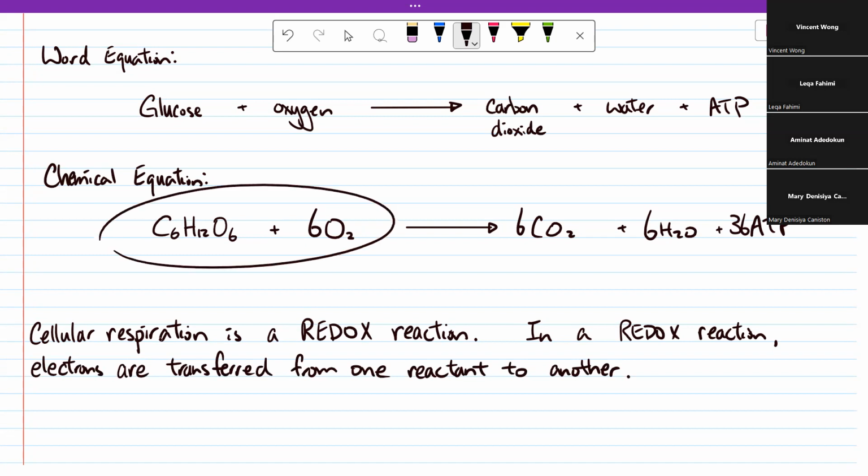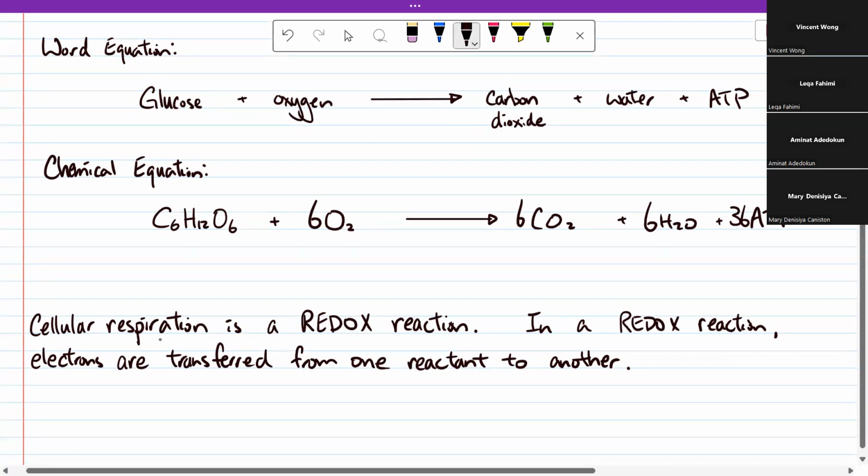Reactants are the ingredients. They are the things that are on the left side of an equation. So electrons are going to be transferred from one reactant to another reactant. Okay, so there are two things here.